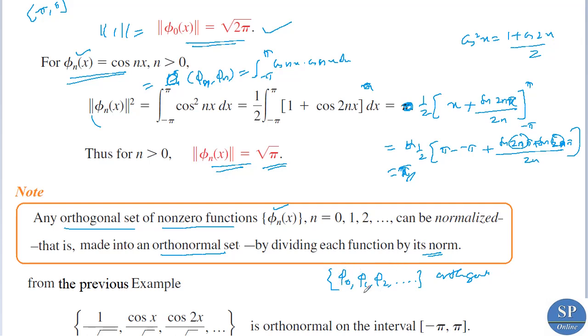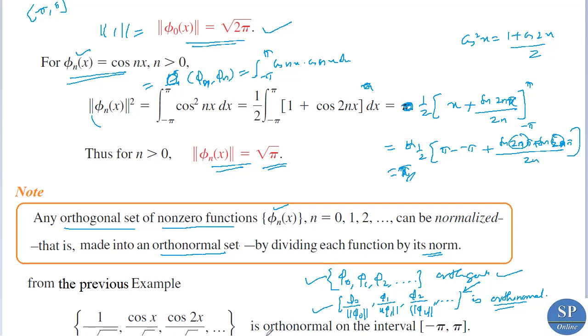Now we can normalize this set to get the corresponding orthonormal set by dividing each function by its norm. That is, if this set is orthogonal, then phi naught divided by norm of phi naught, phi 1 divided by norm of phi 1, phi 2 divided by norm of phi 2, etc. This set will be orthonormal. That is, an orthogonal set can be made orthonormal by dividing each of the functions by its norm.